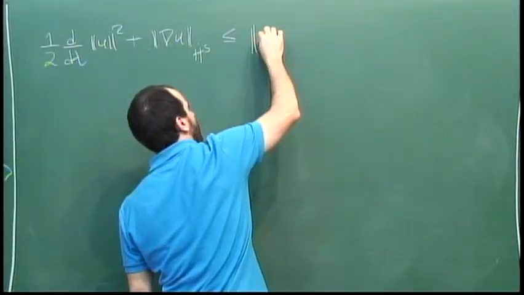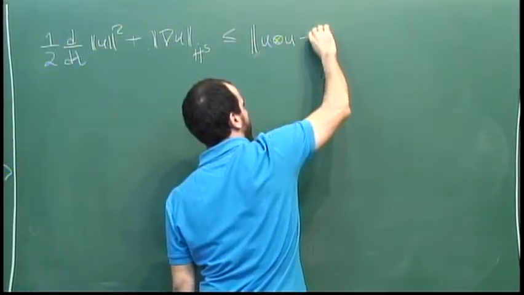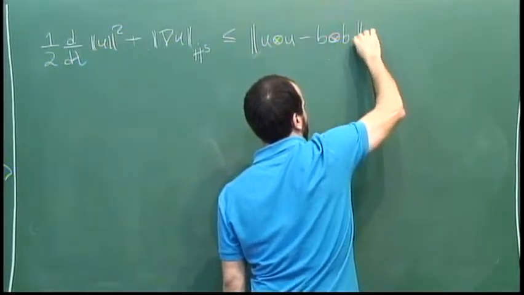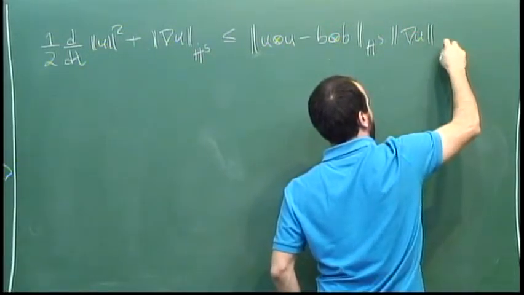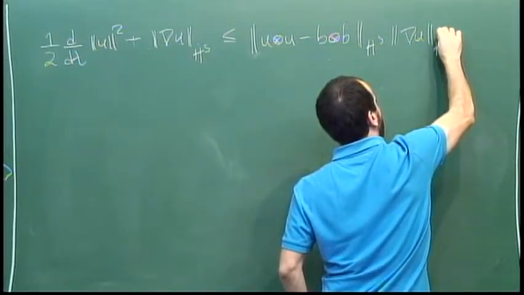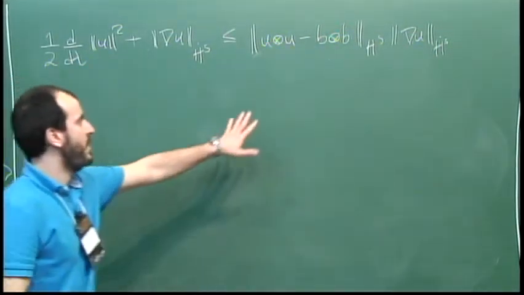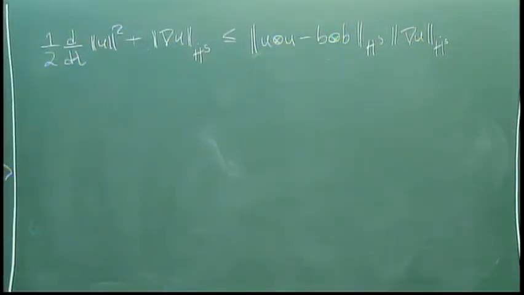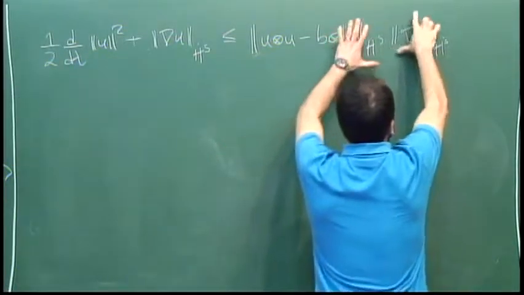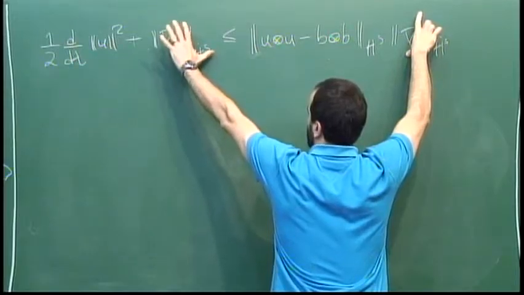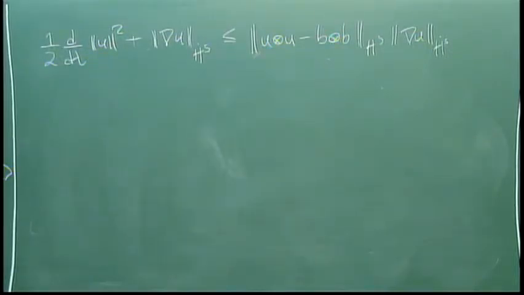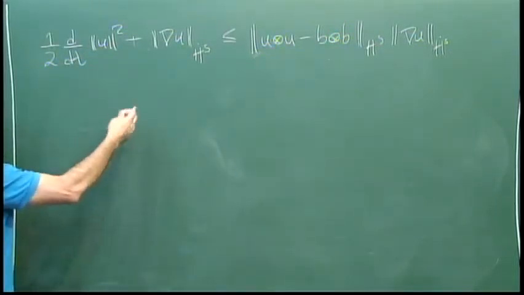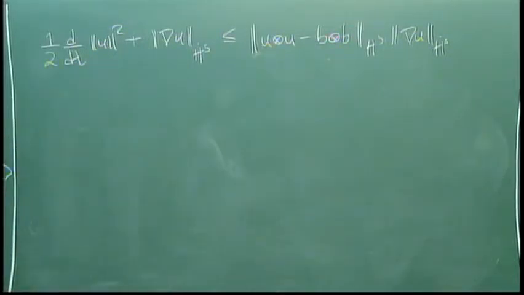So we have U tensor U minus B tensor B and gradient U. So to estimate this is where the lemma comes in. And then after that, we can manipulate this term to put it together with this one. And then we get an estimate by just using simple and elementary inequalities. So the rest follows. Well, it's long, but this is the beginning, and it's the basic idea.